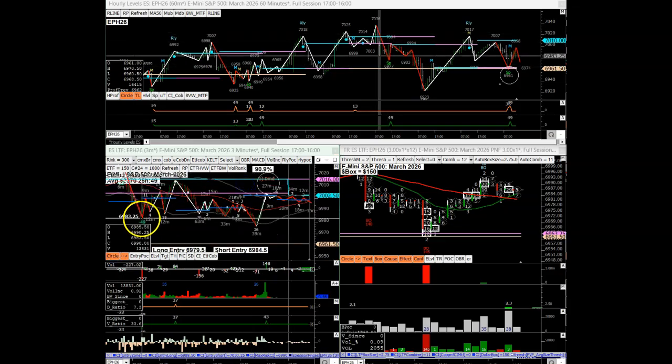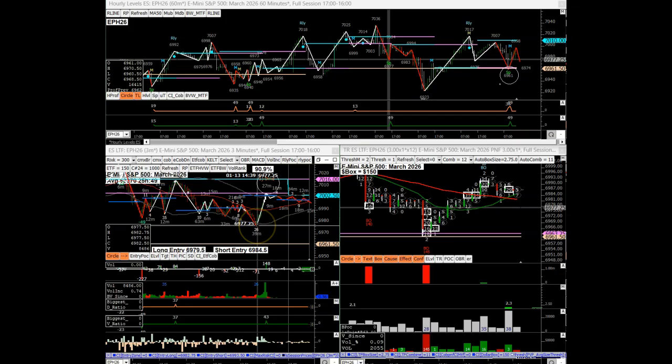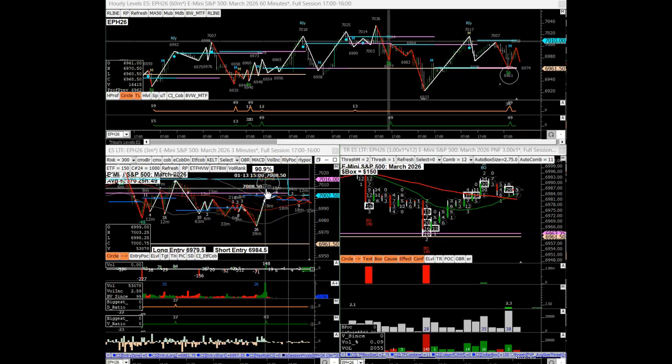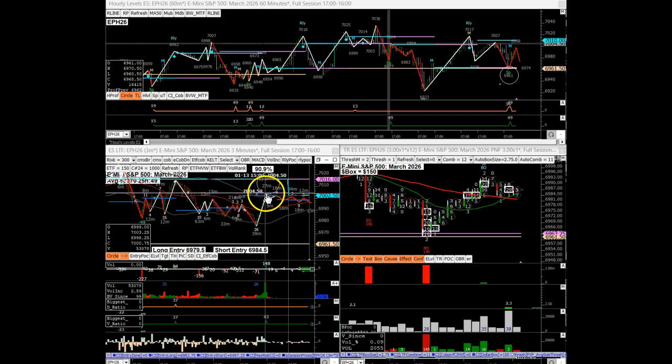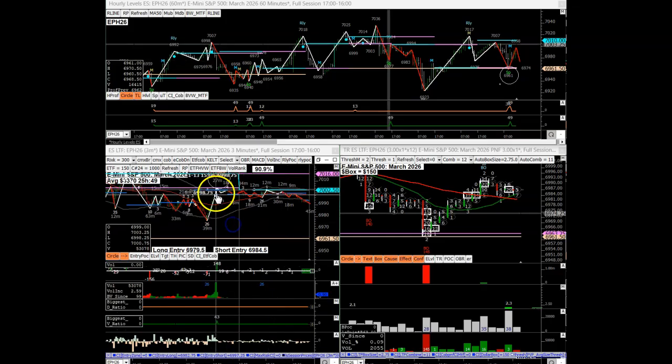So as they broke the low, price shot up. And I guess this was too late. It's like 3 o'clock. So that's too late. Probably no one's going to be there to support.